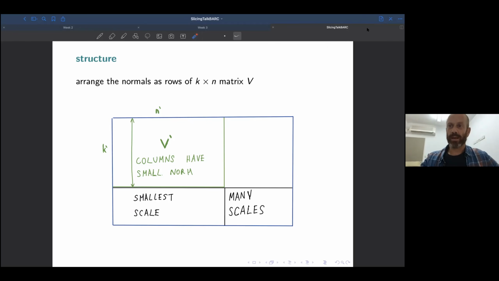So the idea is, let's start with a full matrix. Now, if all the columns have small norm, we are done. There is nothing, because we have the structure. Now there is a column with large norm. Let's say we put it here.